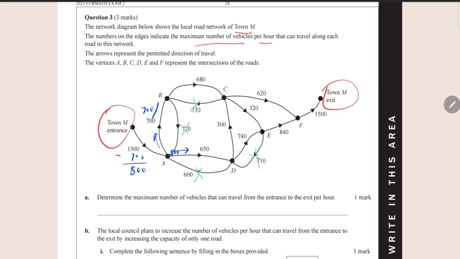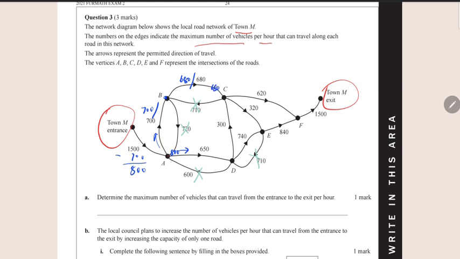So 700 out of 700, this maximum capacity can be reached up to point B, but the next road can only accommodate 680. So those 700 can reach the intersection B, only 680 can go through.